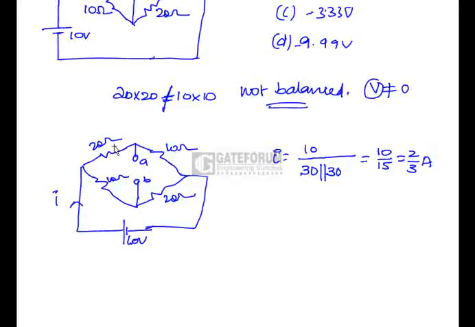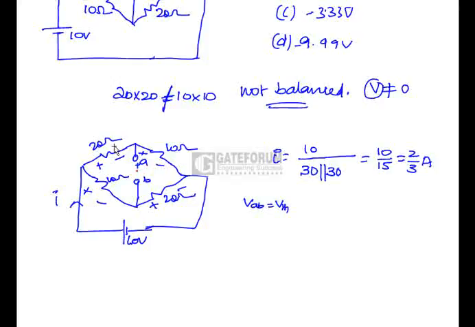Now mark the drop terminals of the current. Here the current drop terminals are plus and minus. Similarly, across this 10 ohms is plus and minus, and across this 20 ohms is plus and minus.